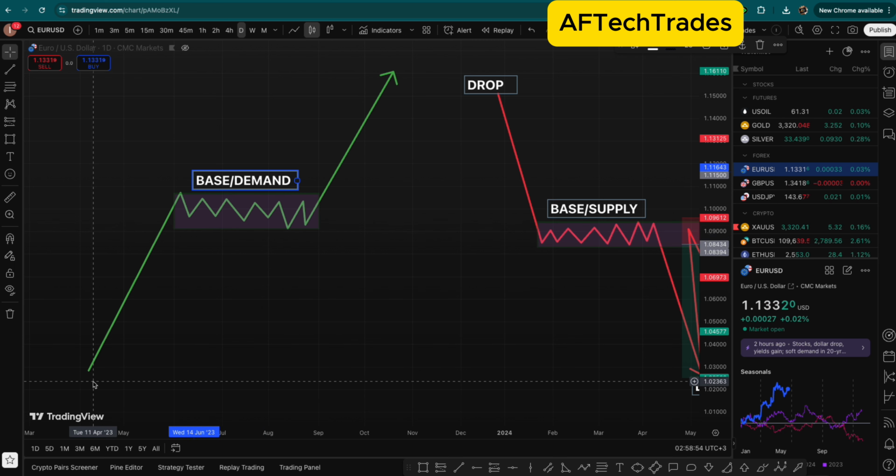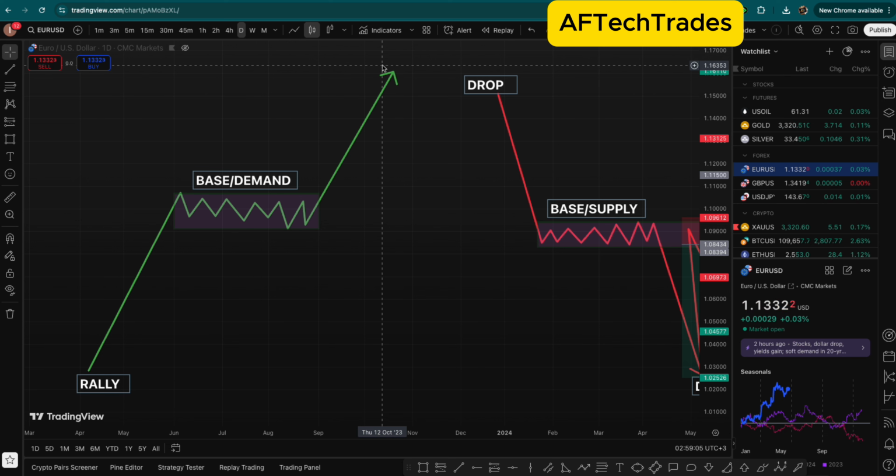So here is referred to as the rally. Here is the rally. And here is another rally, meaning it continues going up. Here is another rally.